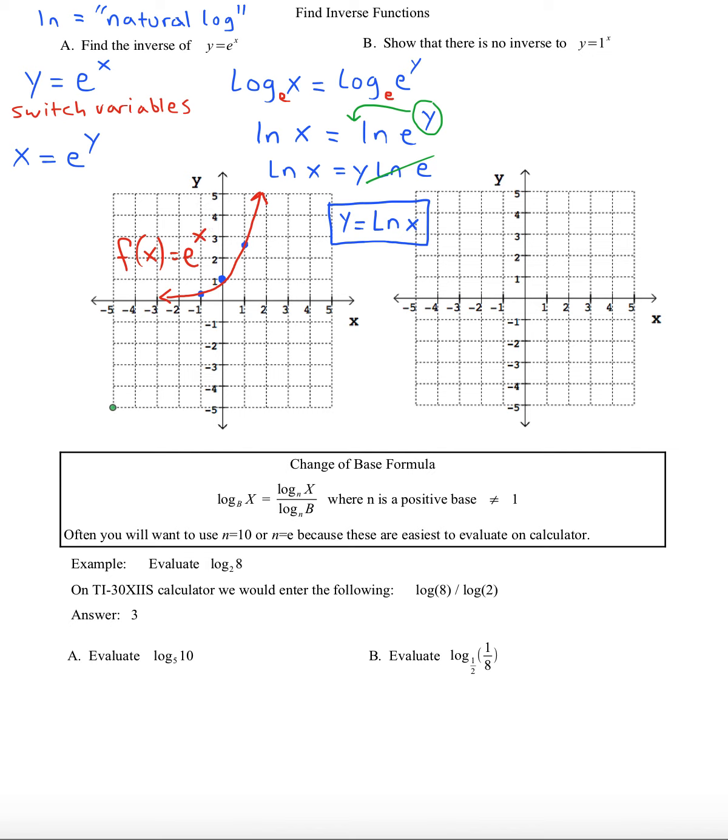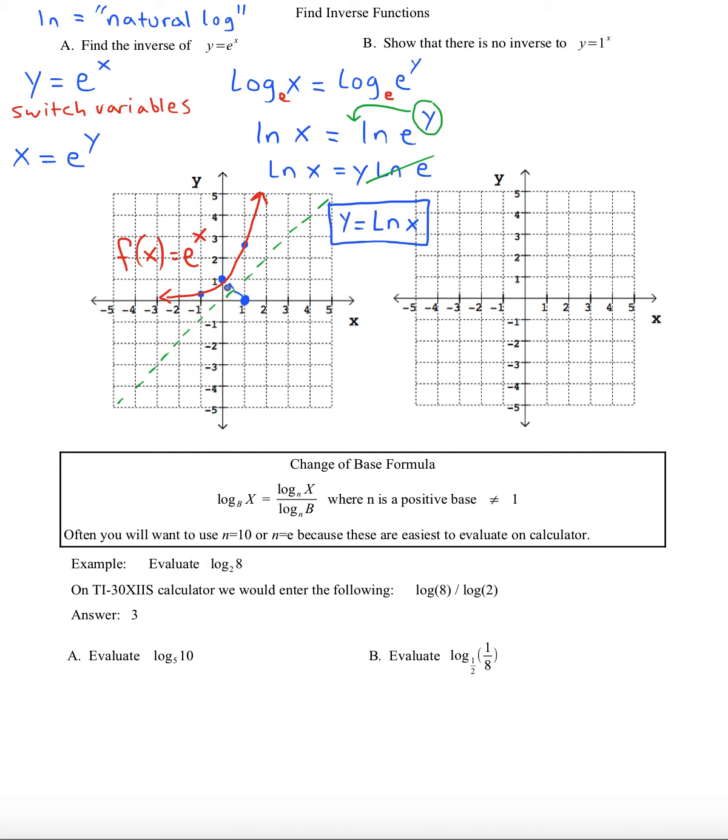Now we want to reflect that function across the y equals x line because, as I discussed in the past, that is a way to find an inverse function graphically. So we have to reflect it, make a perpendicular with the y equals x line, and then just double that size, and you end up over here.